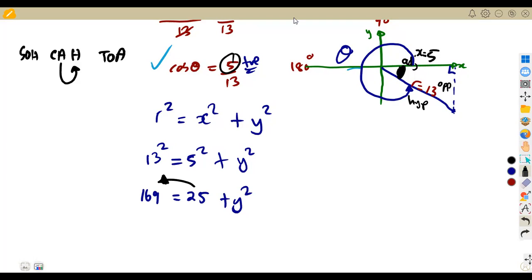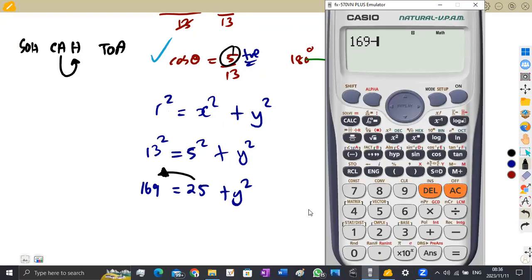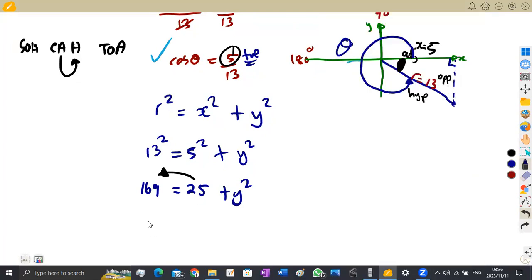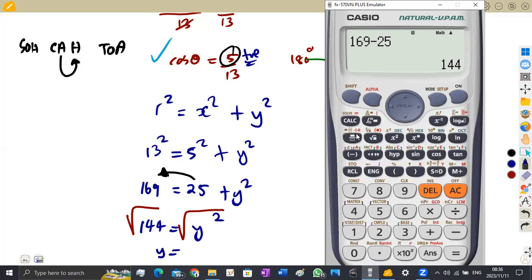That will be 169 minus 25, which is 144. So 144 is equal to y squared. To find the value of y, we are going to need the square root of 144, which is going to give us two possible answers.